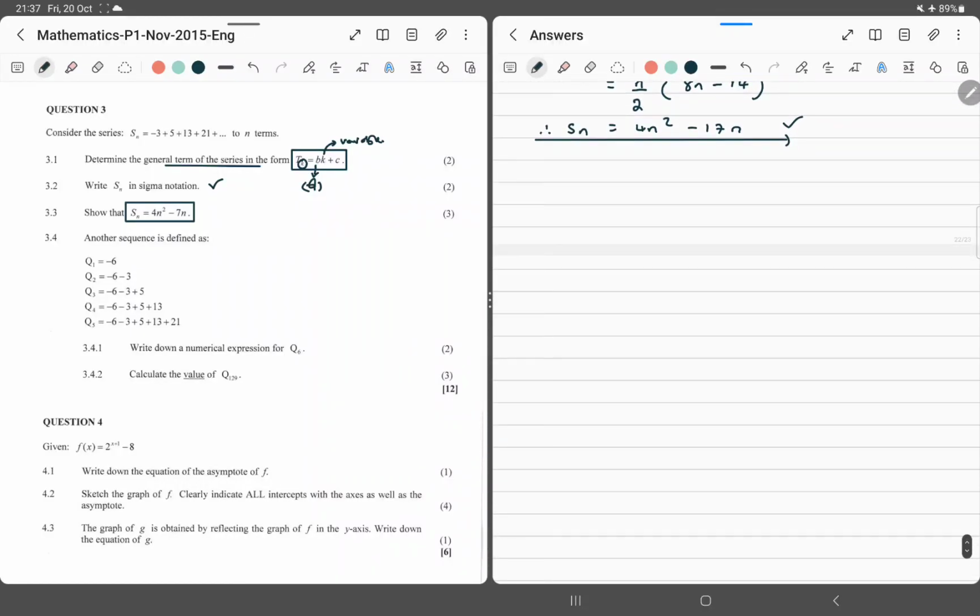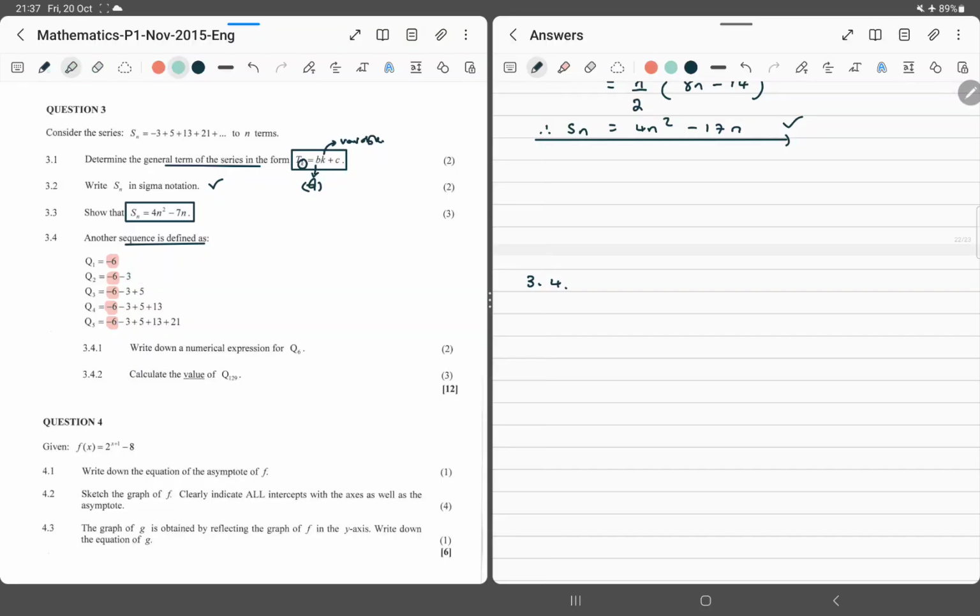So let's do 3.4. So 3.4 says another sequence is defined as, we've got Q1, Q2, Q3, Q4, Q5. Now let's explore this. We've got a 6 here. Every other term has a minus 6. Okay. But then what do we see?